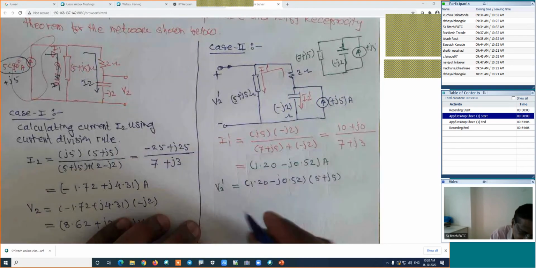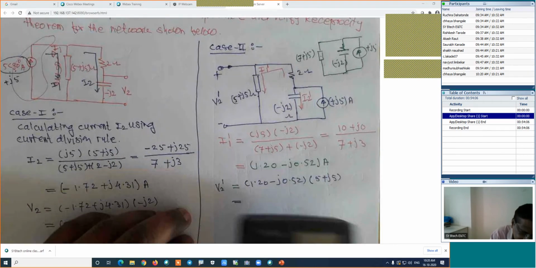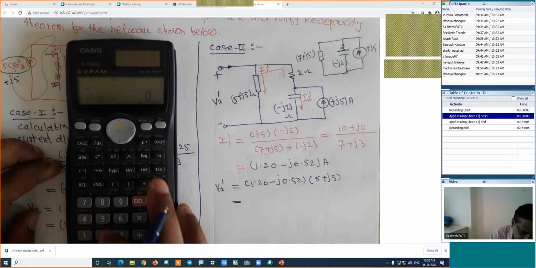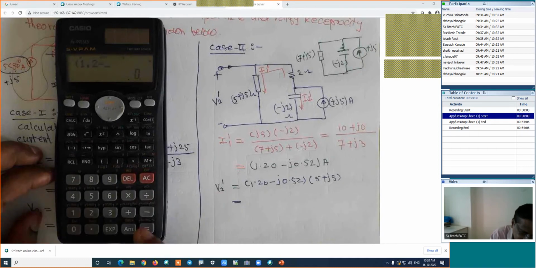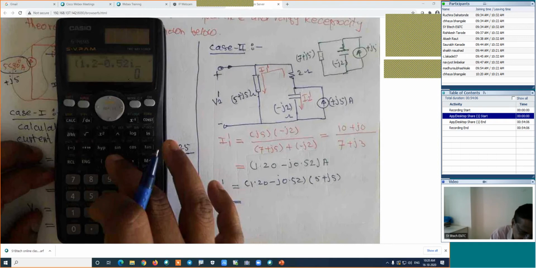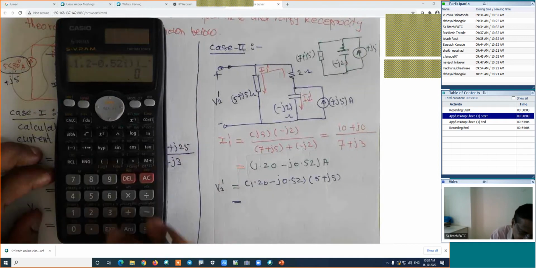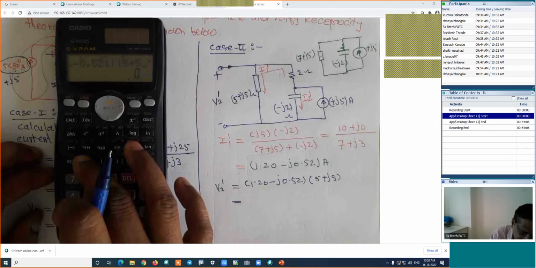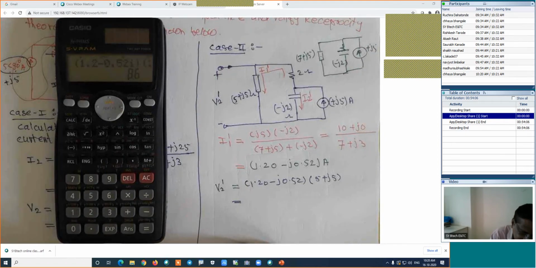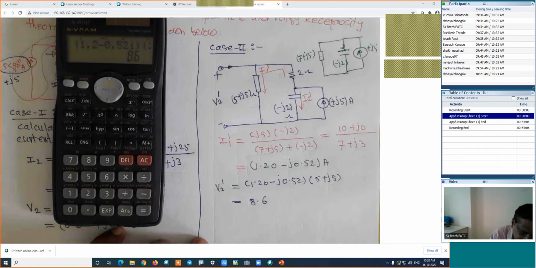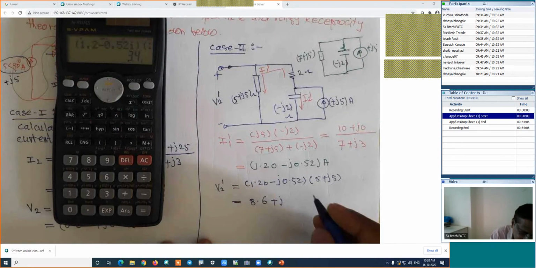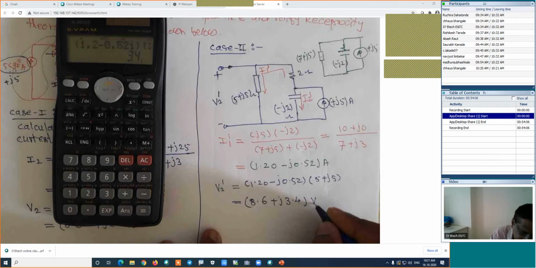Working out this calculation: start bracket 1.2 minus 0.52i close bracket into 5 plus 5i close bracket, which is equal to 8.6 as the real part, and the imaginary part is plus j3.4. This is the value of this voltage, which is V2 dash.